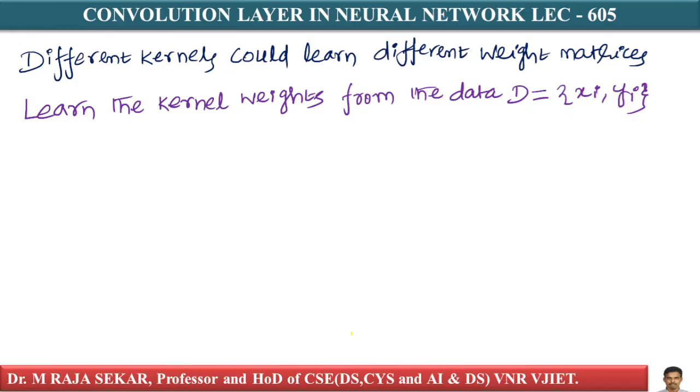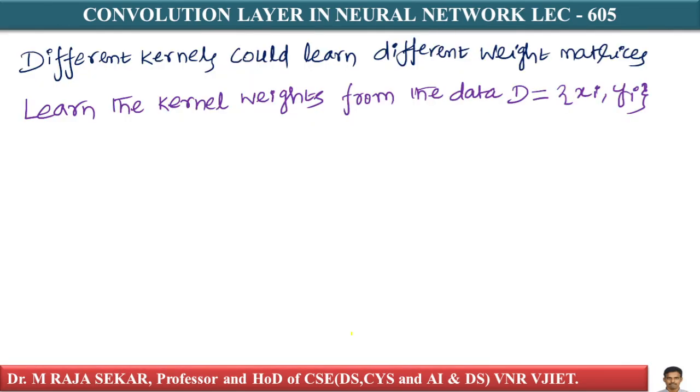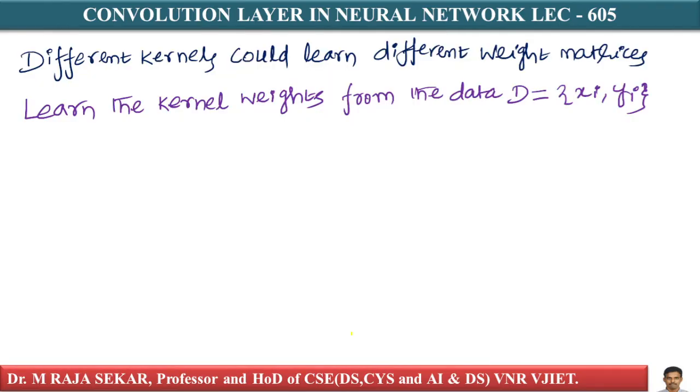In the context of convolutional neural networks, we learn kernel matrices. That is the important connection. Kernels work exactly like weights in multi-layer perceptron, except that you could have multiple kernels.